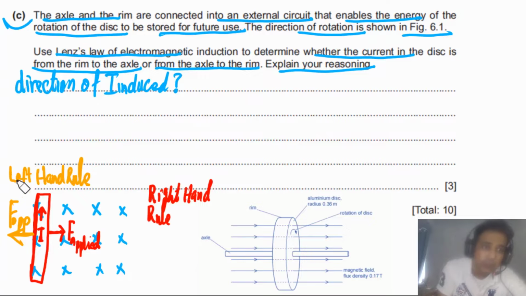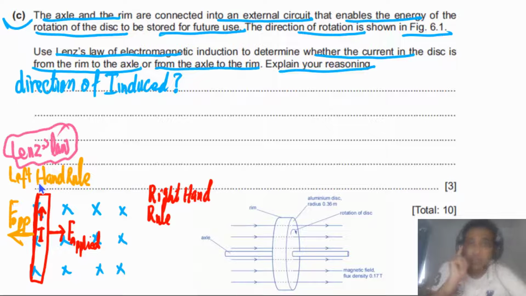We can use the left hand rule and find out the direction of induced current. This question is asking us to use Lenz's law of electromagnetic induction, so it means that we have to consider the opposing force and we need to find the direction of induced current.